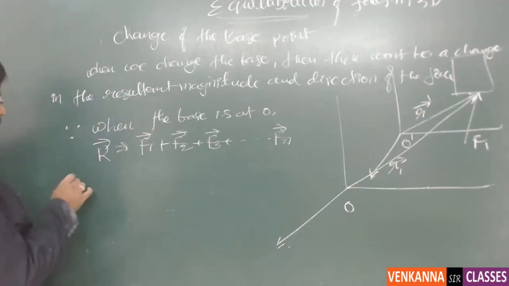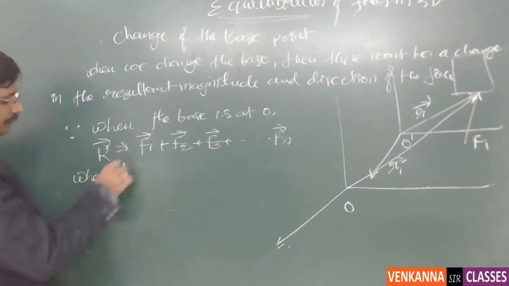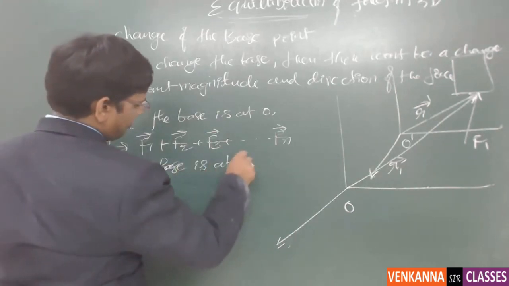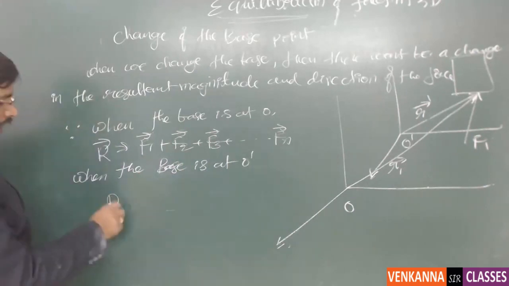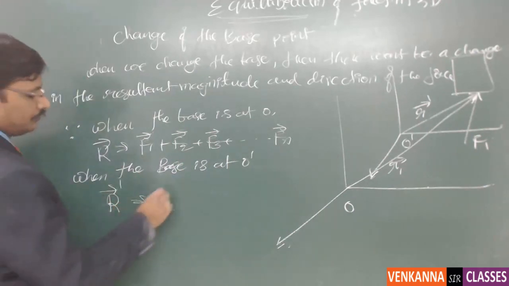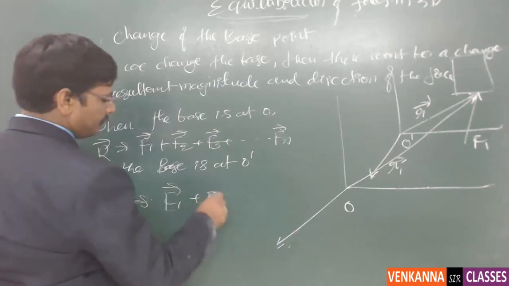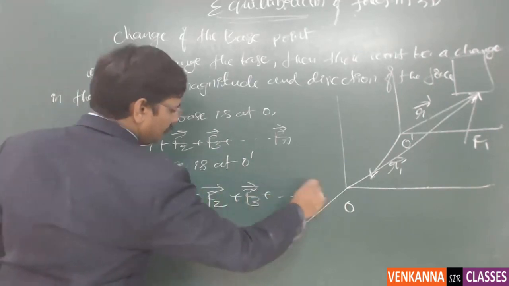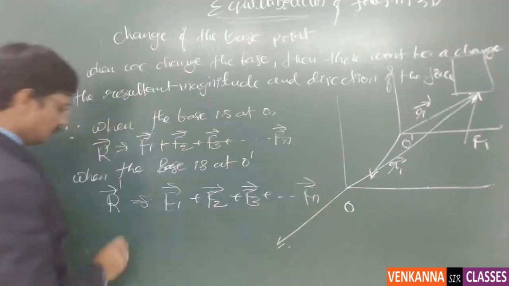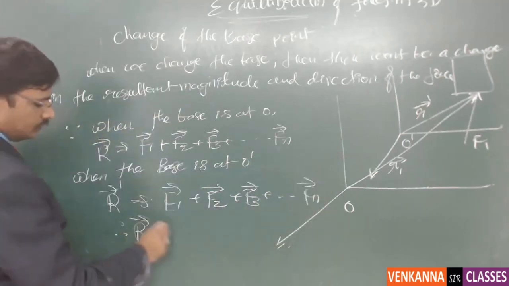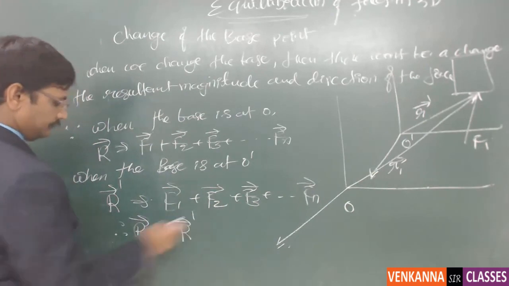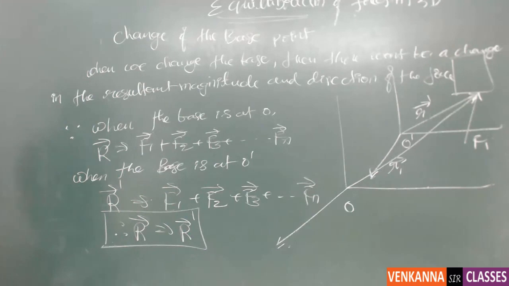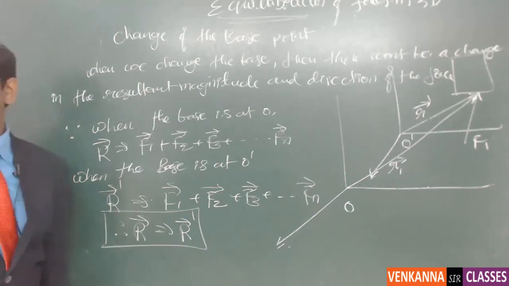And when the base is at O dash, R dash is equal to F1 plus F2 plus F3 plus ... plus Fn. Therefore R is equal to R dash. You can note down this.